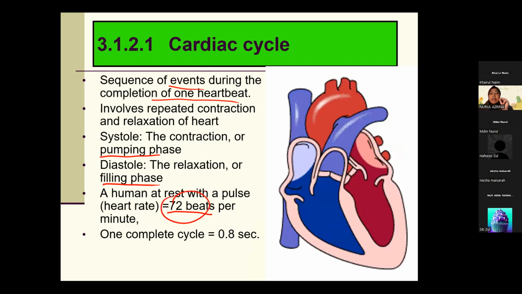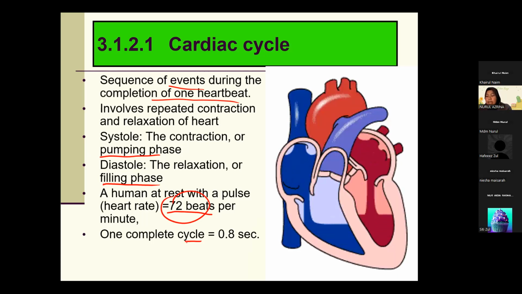So for an adult with a pulse of 72 beats per minute, one complete cardiac cycle is completed within 0.8 second. Maknanya satu detak jantung kita itu complete the process within 0.8 second.